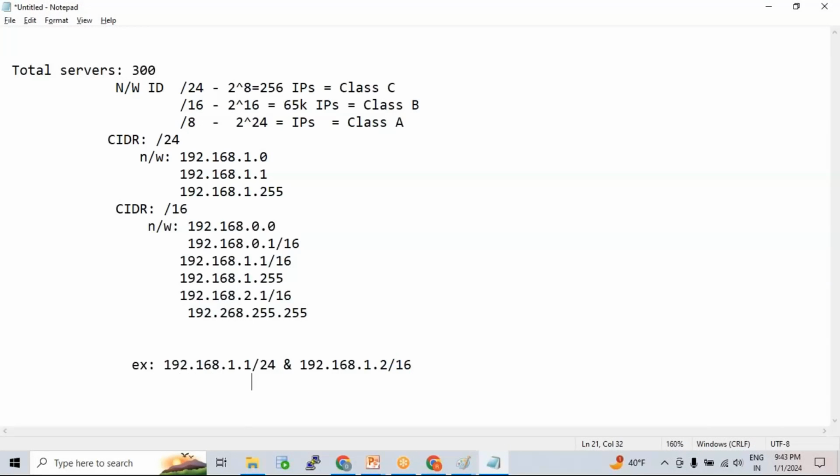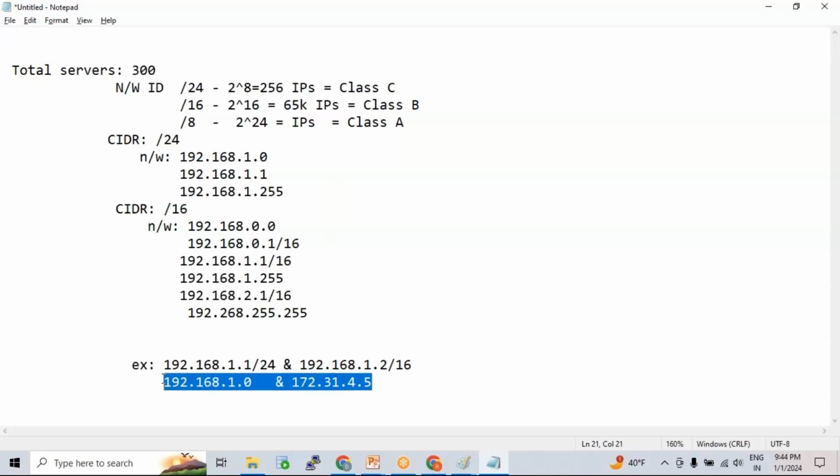I'll give you only the IP addresses. You take this example, guys. I'll give you two IPs. 192.168.1.10 is one IP. 172.31.4.5 is the other IP. Now tell me, do these two belong to the same network or not?